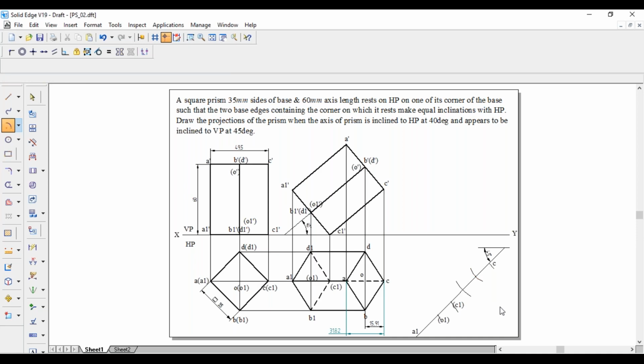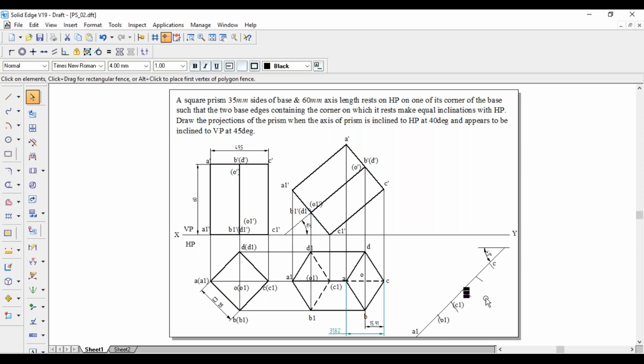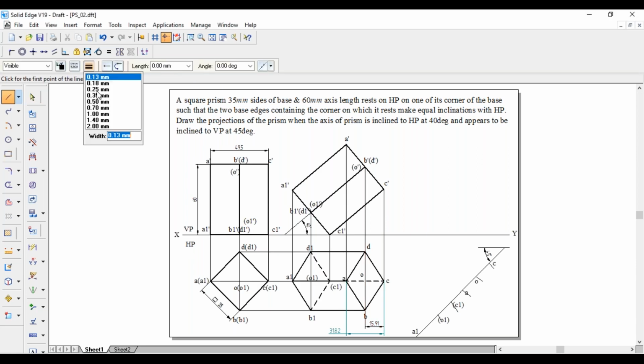This is A. This one is O. So how the lines are drawn? The same way we have to draw the line. A to A1 to A, it is continuous dark, whereas A to C, it is a dotted line.